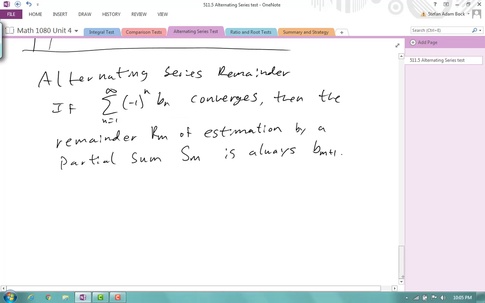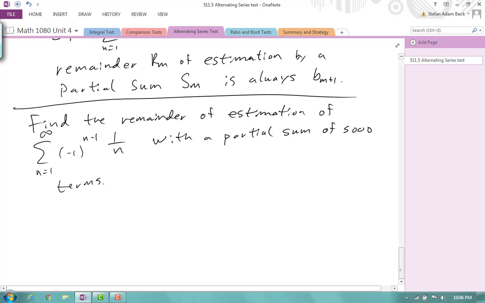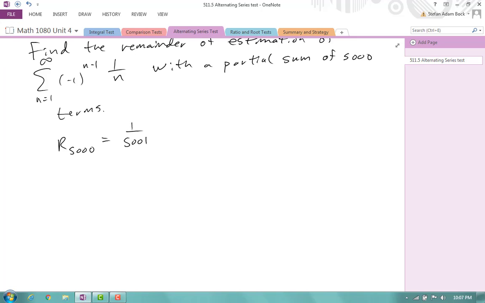So if I wanted to find out the remainder of adding up the terms of the harmonic series up to 5,000 terms, then I would just literally look at the 5,001st term. It's actually that easy.